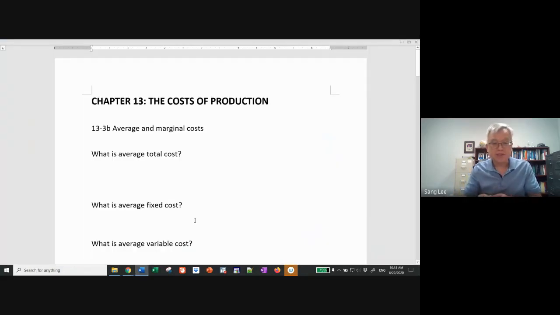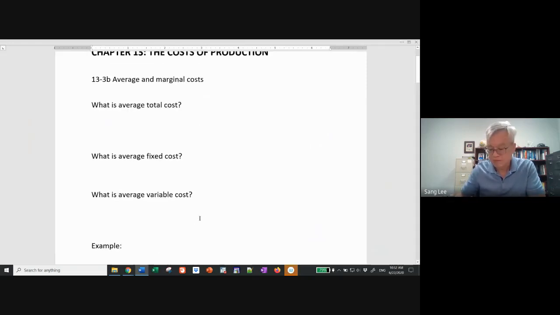In the previous session, we learned the total cost is made up of fixed cost and variable cost. So total cost of production is made up of fixed cost and the variable cost. And when you produce output, some expenses do not change.